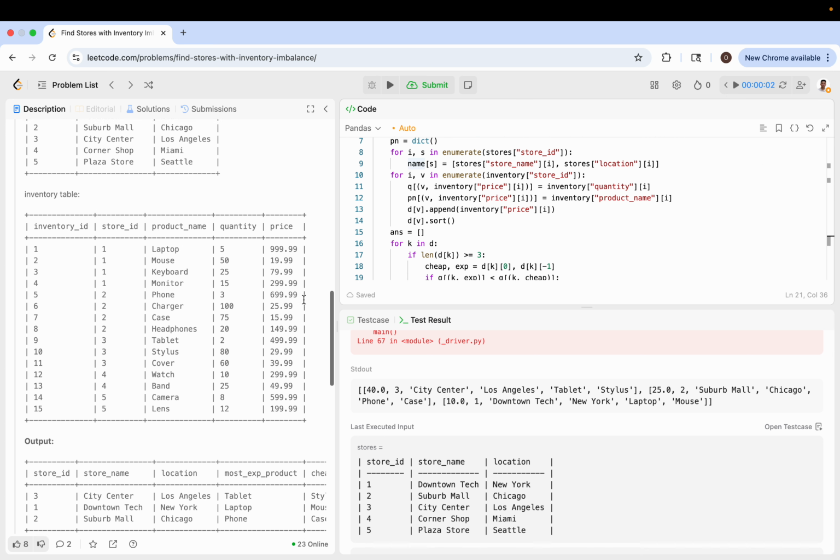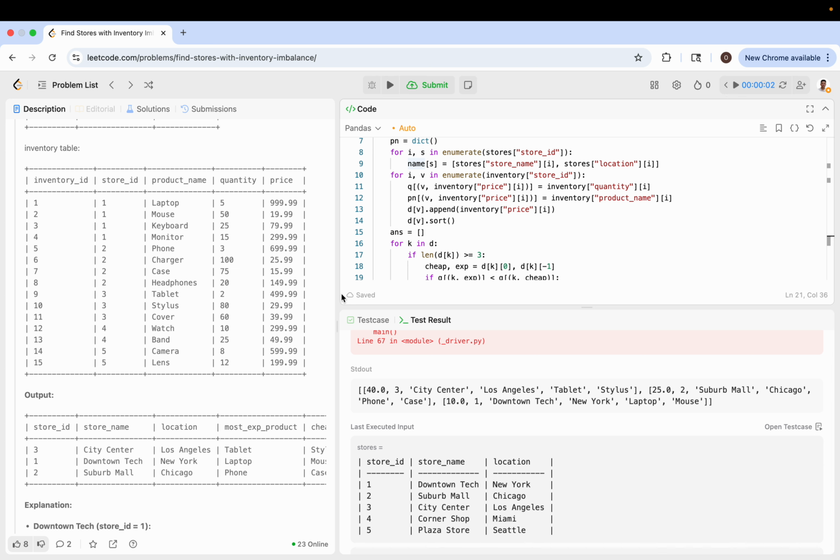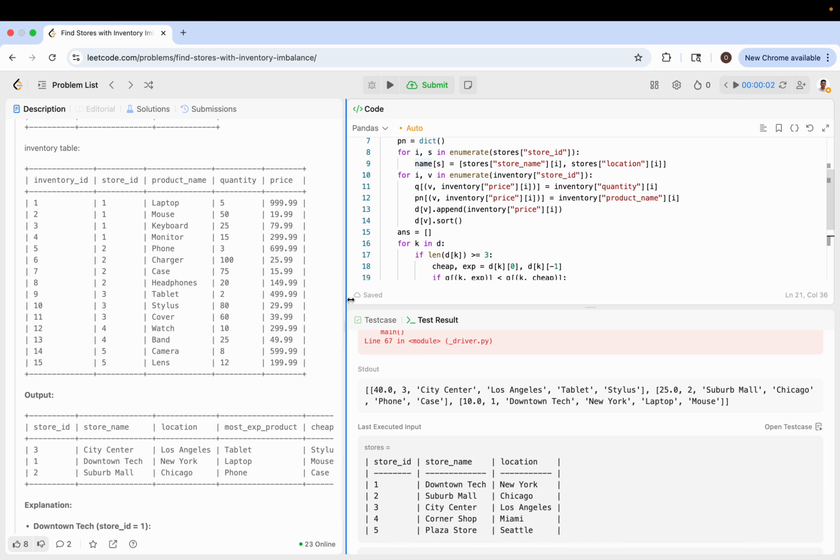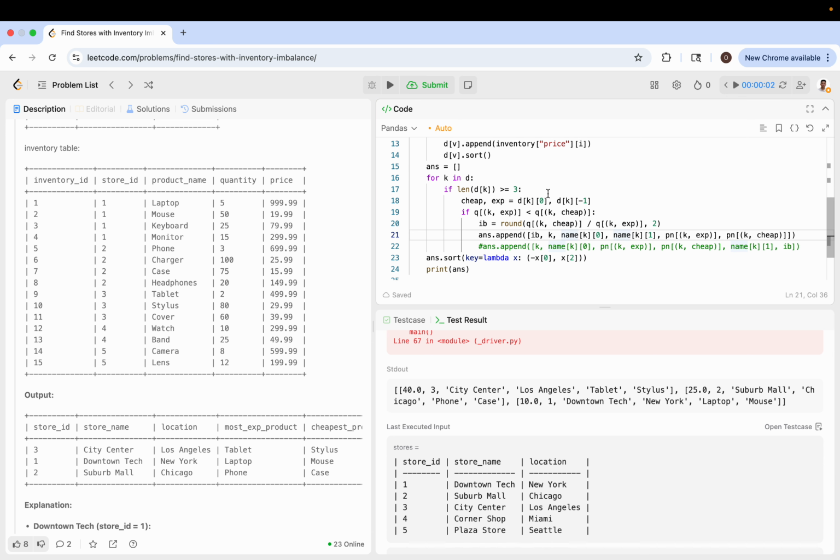Cheapest or most expensive product. Oh, okay.